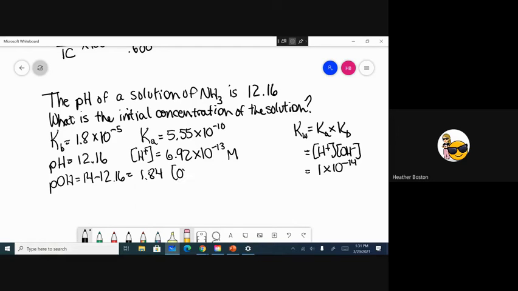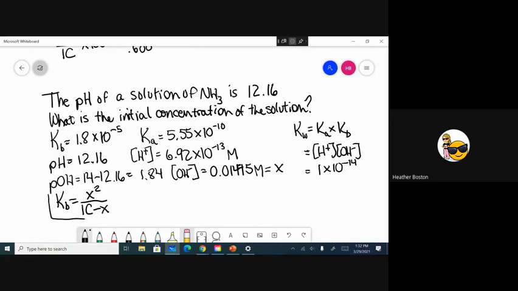So at equilibrium, the concentration of OH minus is 0.01445 molar. So now we know that that is also the value of x. So Kb is equal to x squared over the initial concentration minus x.